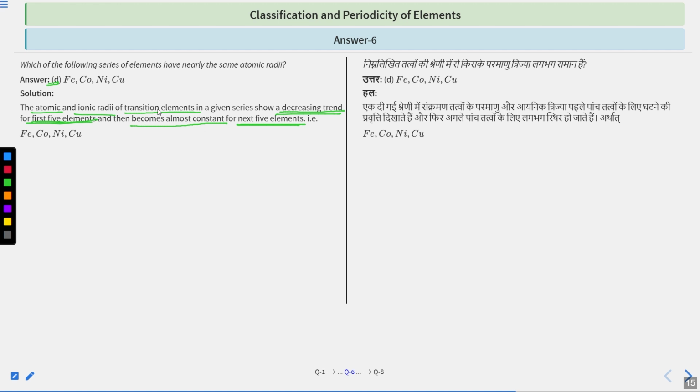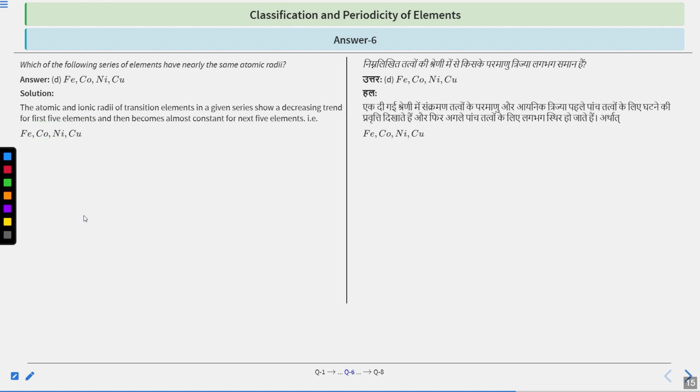The first 5 elements show a decreasing trend of atomic and ionic radii, and after that it becomes almost constant for the next 5 elements. And these are the elements from those 5 elements which have almost constant atomic radii from the transition element series, and thus D option is the correct answer.